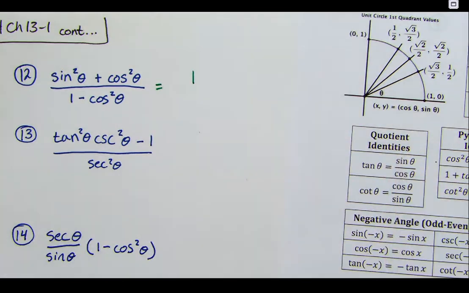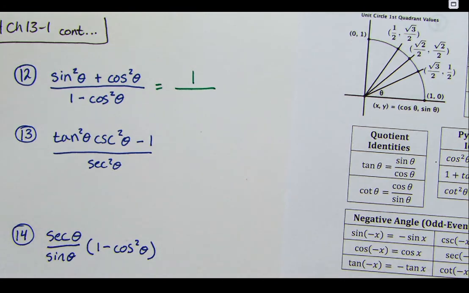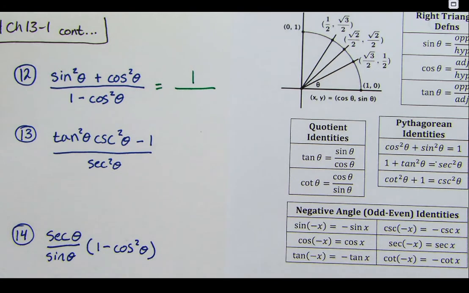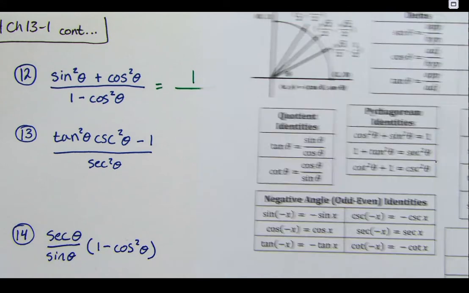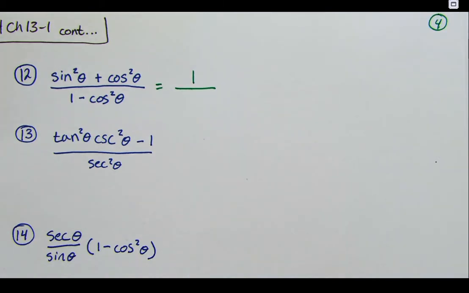Okay. And then in the denominator, again, I have a 1 and a trig function that's squared. So I should automatically go to those Pythagorean identities. So again, this is where I was talking about how we are allowed to rearrange.